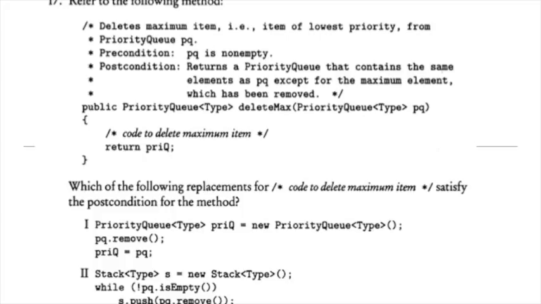It mentioned that the maximum item actually is the item of the lowest priority, which means that the top of the heap for this priority queue, if we use the max heap or min heap to implement it, actually, because the maximum item has the lowest priority, this PQ has been implemented by the min heap.